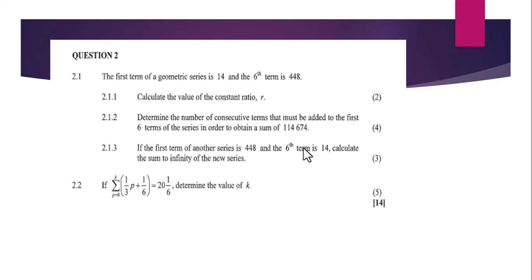Consecutive terms go in this order, one after the other: T1, T2, T3, T4, T5, T6. So determine the number of consecutive terms that must be added to the first 6 terms in order to obtain that sum. The first thing that I do is calculate the sum of the first 6 terms and find out what that value is.